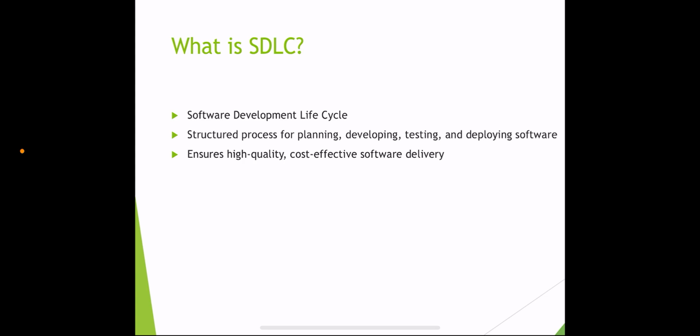And a few more stakeholders are there, like the scrum master. Whenever we implement any particular application or project, for managing the project we have a scrum master. The scrum master organizes the project.